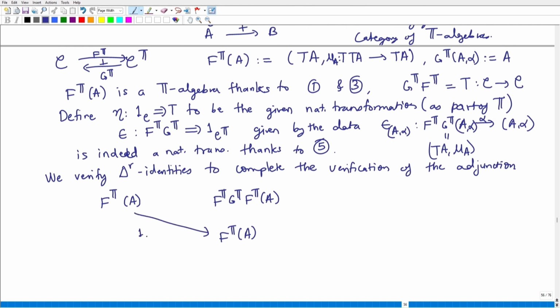Obviously this is 1 sub FTA, nothing is happening over here. Then this is epsilon sub FTA, and horizontally we have F eta A. Okay, why does this diagram commute?